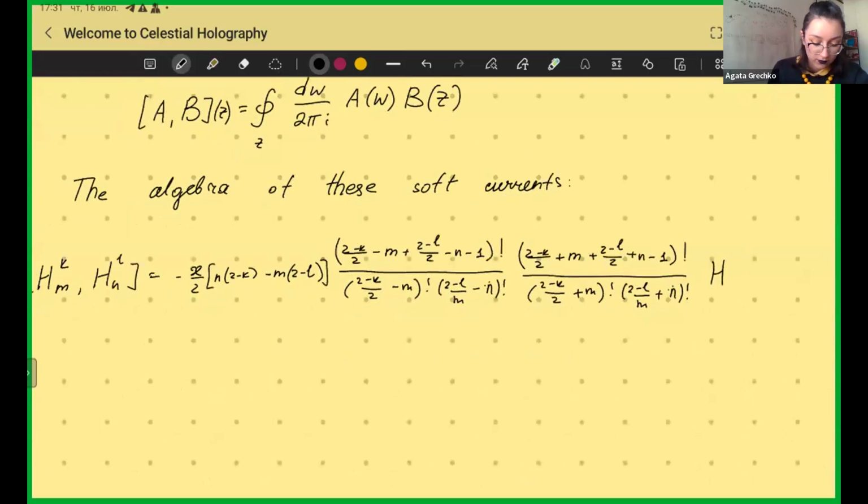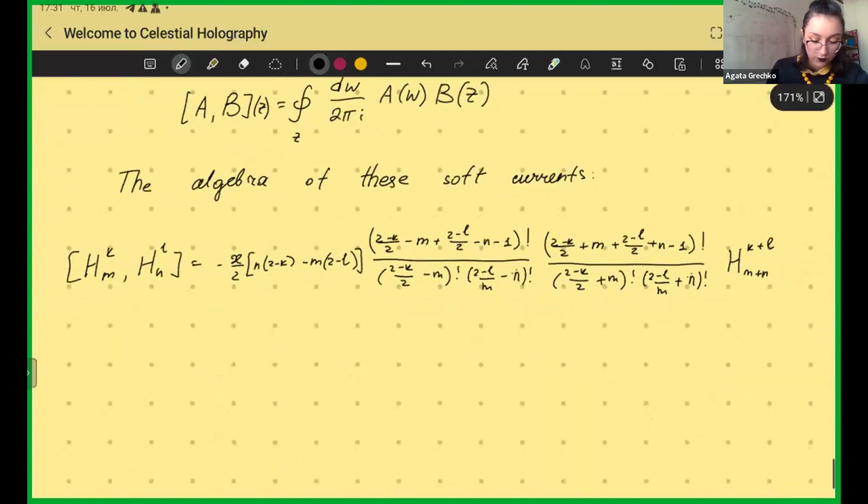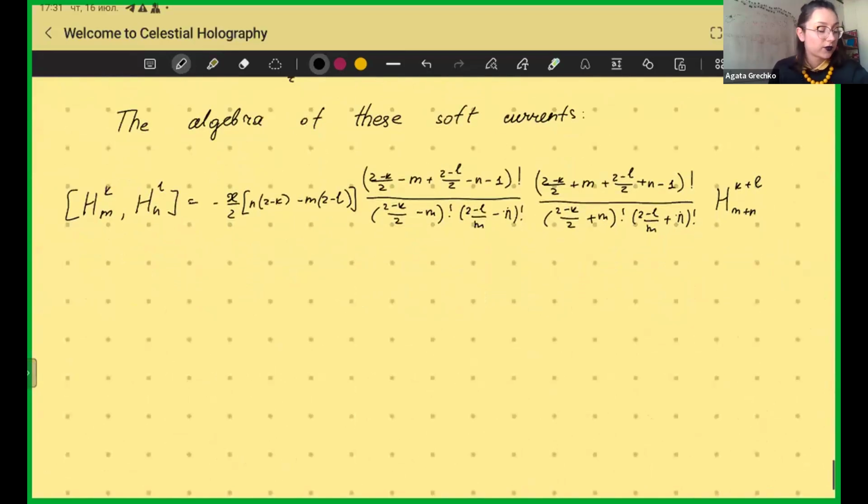Not forgetting what it is proportional to. If it's a commutation relation, it defines some algebra, it should be proportional to one of the currents themselves. So this looks not very nice, the factorial, I mean gamma function. They are all also integer here, and I'm not even sure if these things here are negative.